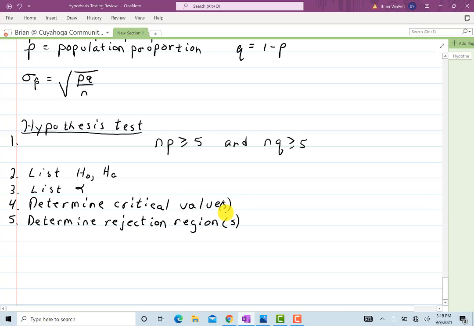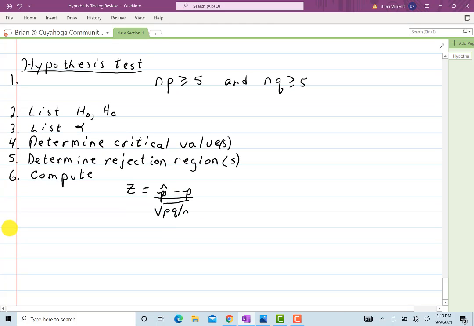You may only have one critical value as well. Then we compute the test stat, and that's what I'm talking about here. And then you make the decision.